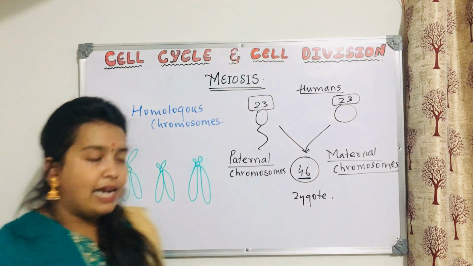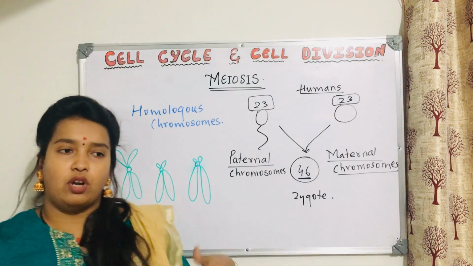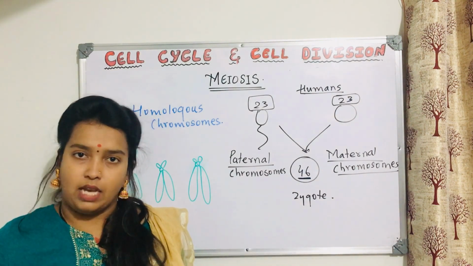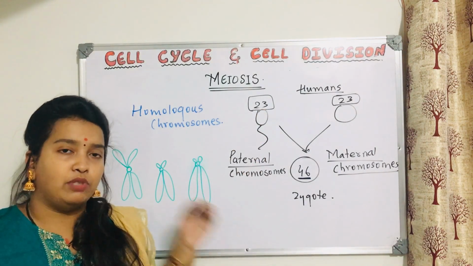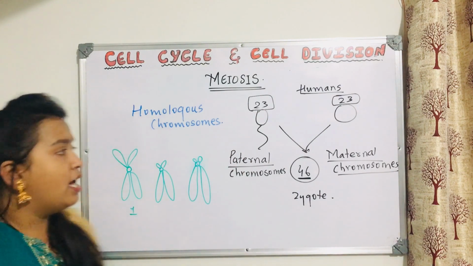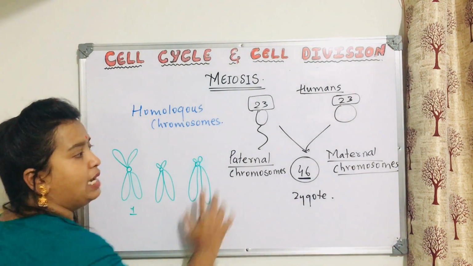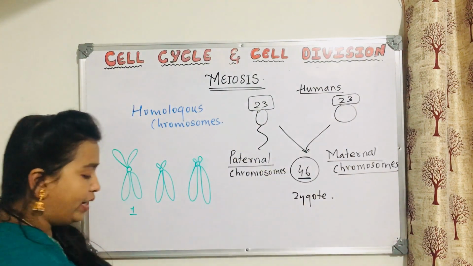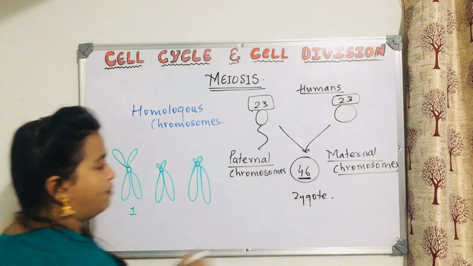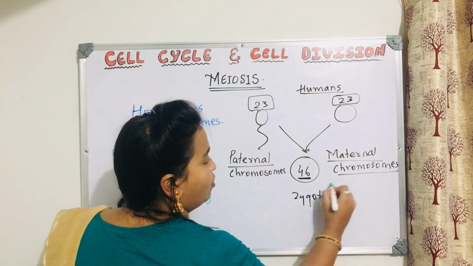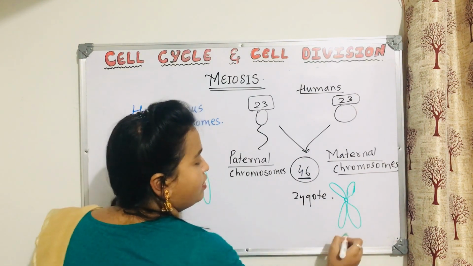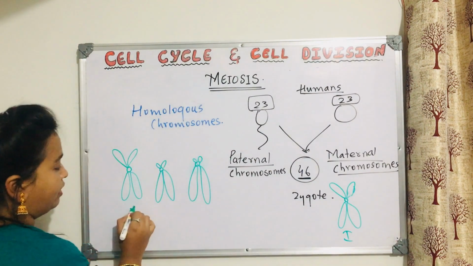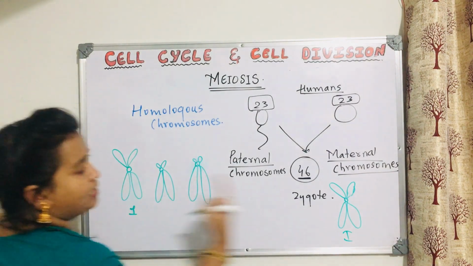You know that chromosomes differ based on centromere position. I am just showing you the first 3. Same like this, the mother's chromosomes are also 23, and there you will also have the same type of chromosomes. The first chromosome will be like this, similar to the first chromosome of the father. The second is like this only here.